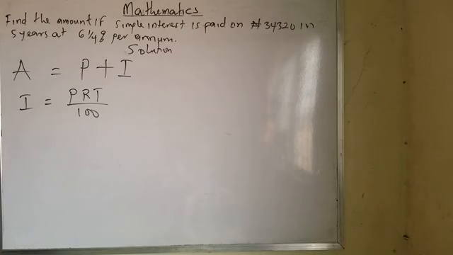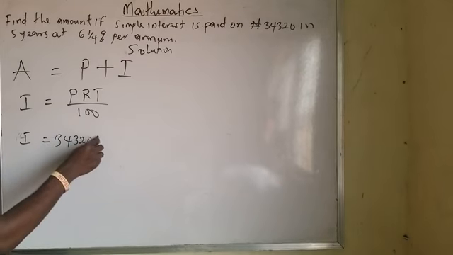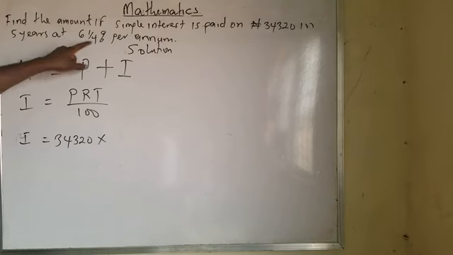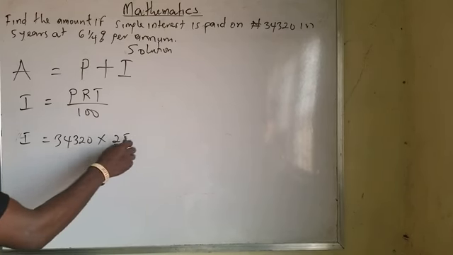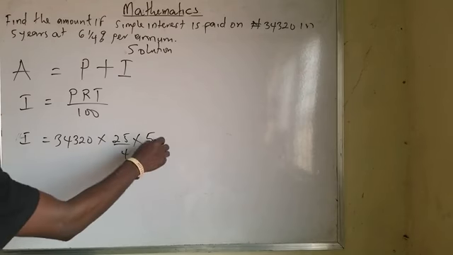It means my simple interest will be equal to, we all know our principal is 34,320 multiplied by the rate, 25 divided by 4, and multiplied by the 5 years, with everything divided by 100.